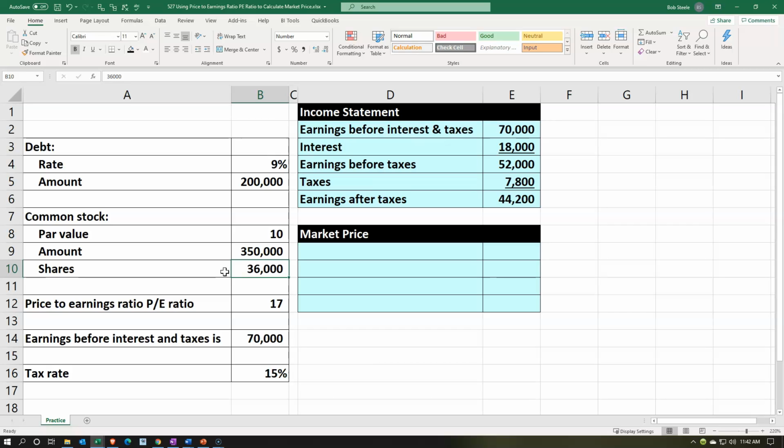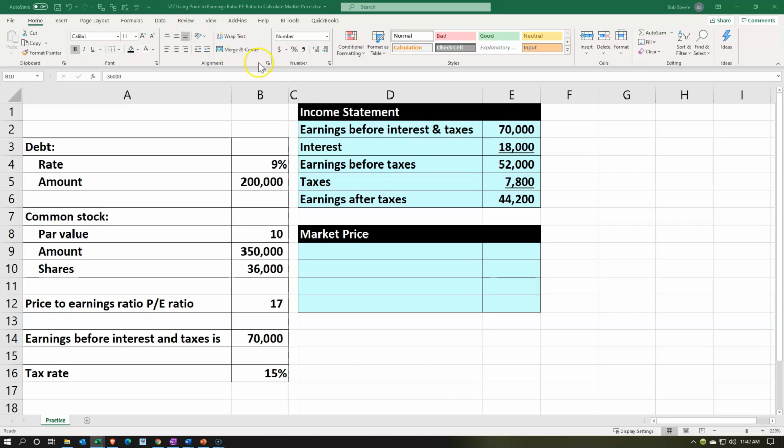When we think about 36,000 stocks, we don't mean that we have 36,000 people per se, because one person could own multiple stocks, but we're breaking the company down into unit chunks so that we can think about it in a chunk type of format.